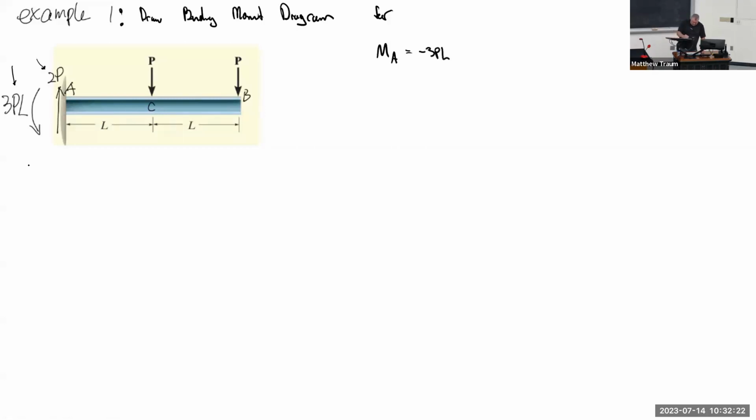And what I want to do then is to create my shear diagram. And I want to create my, this should be bending moment diagram, not boundary. Let's try that again. Bending moment diagram.